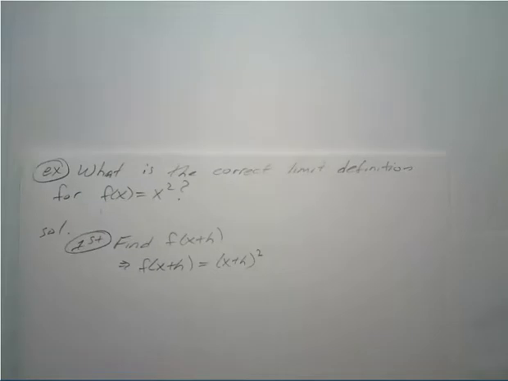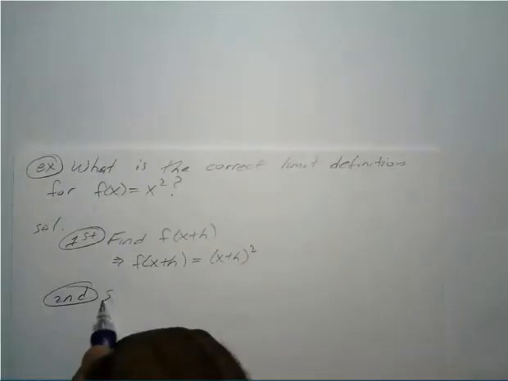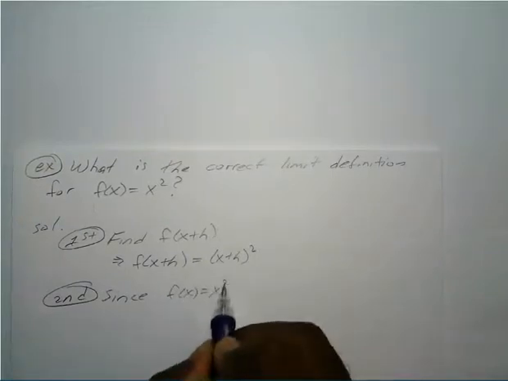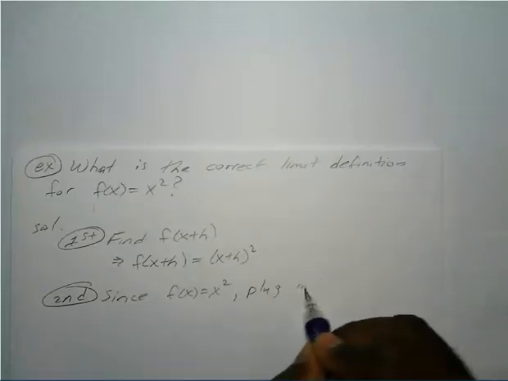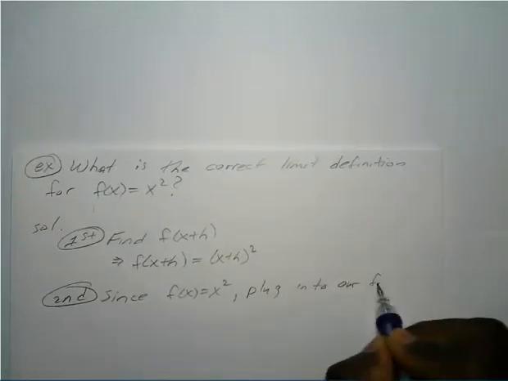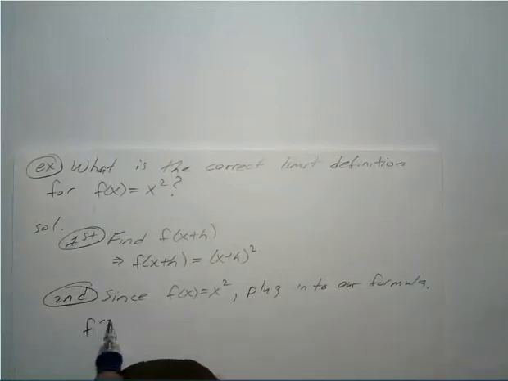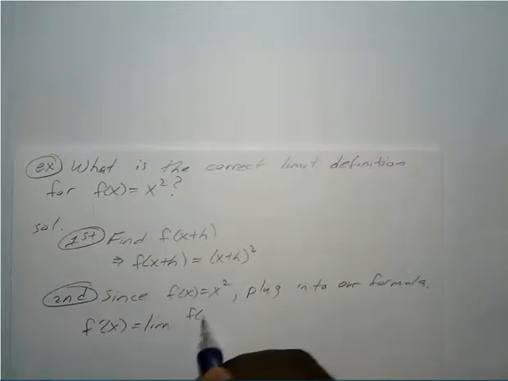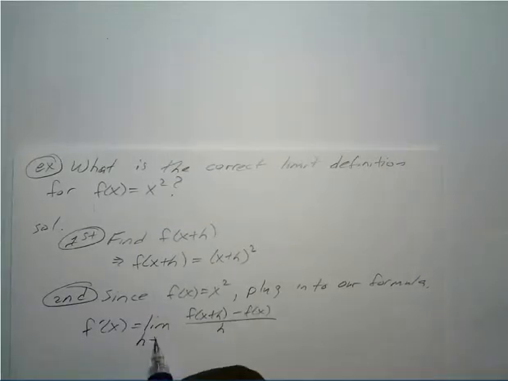Okay, and second, since f of x is equal to x squared, we just plug it in. Okay, so f prime of x is equal to the limit of f of x plus h minus f of x all over h as h approaches 0.